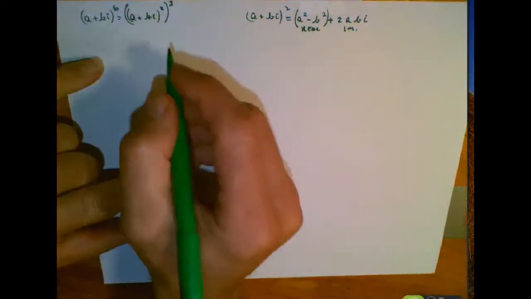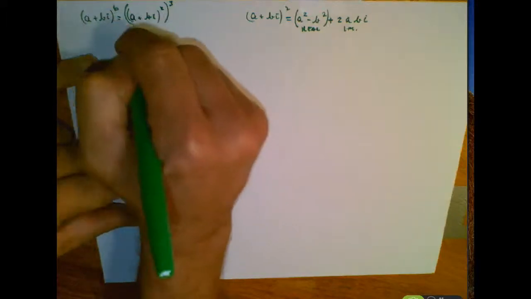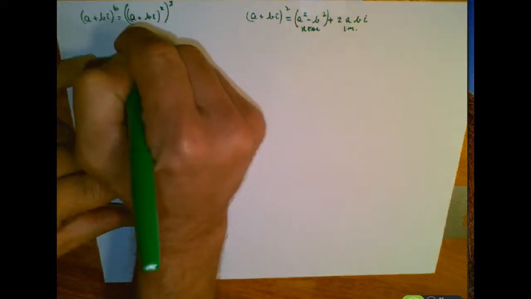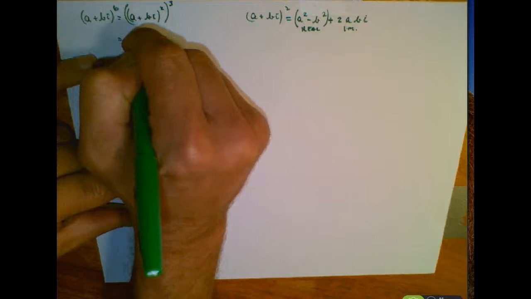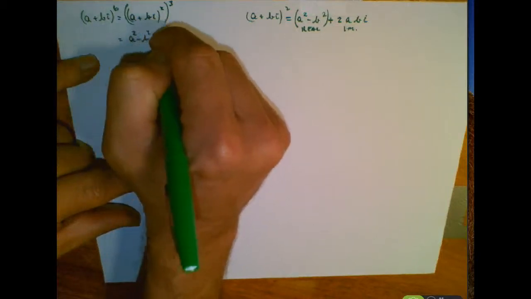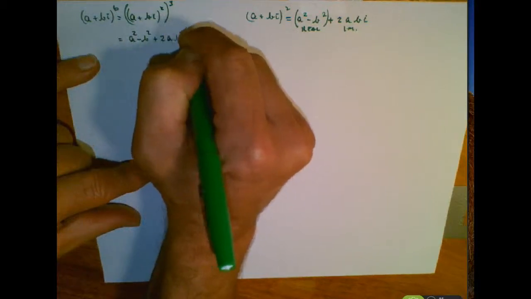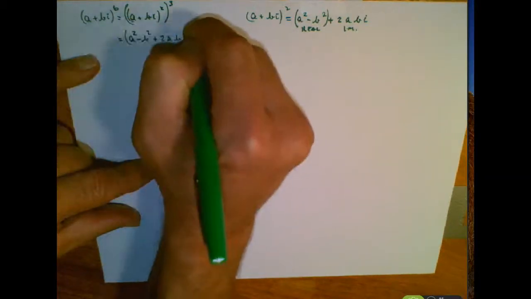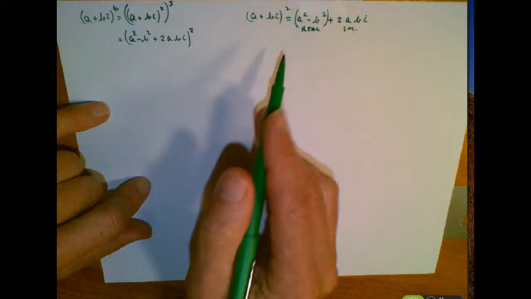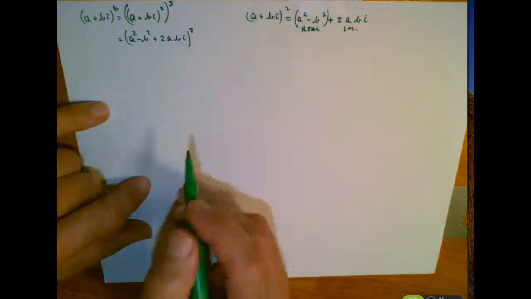So if I rewrite this number as the quantity (a squared minus b squared) plus 2abi, then squared, because that is like saying (a + bi) squared squared.